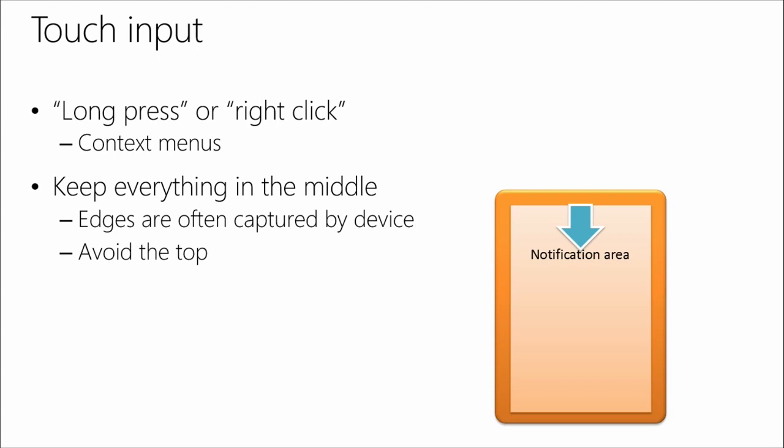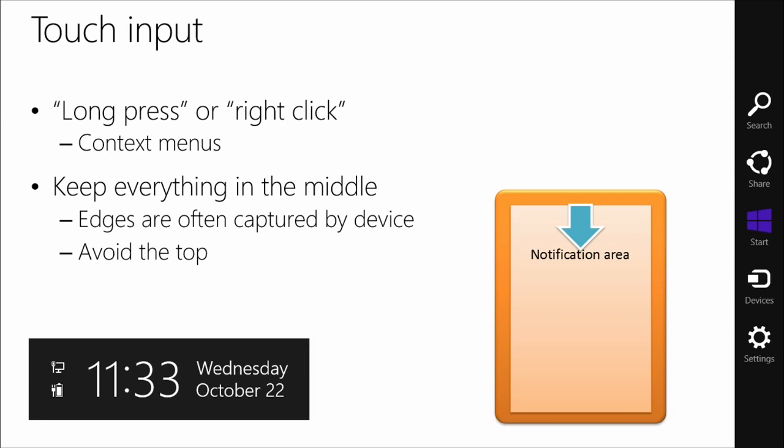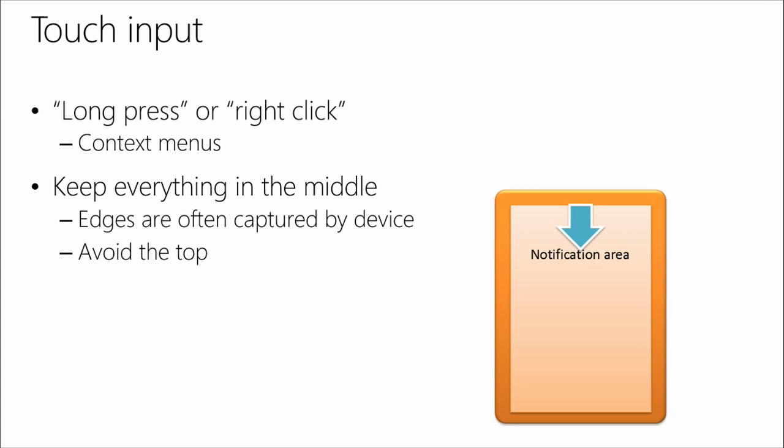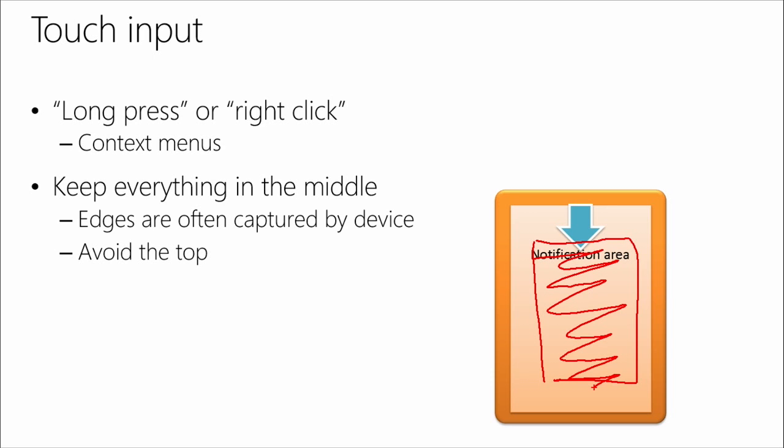For example, if I swipe in from the side here, I get the Charms bar on the right-hand side. Or if I swiped in from the top, I'm not in an immersive app, but I would get a menuing system that way as well. So avoid the sides and focus on the ooey gooey center of the device.